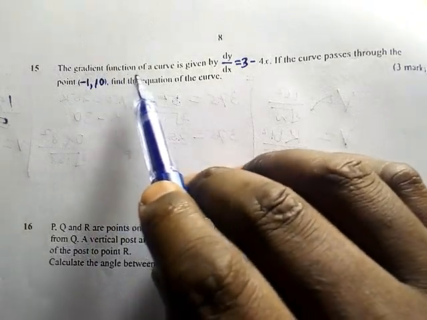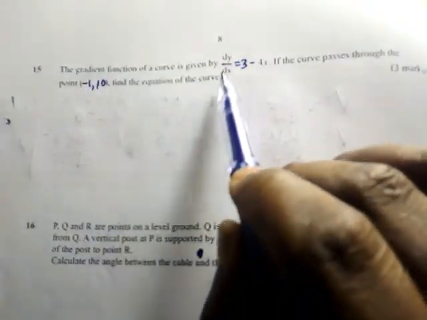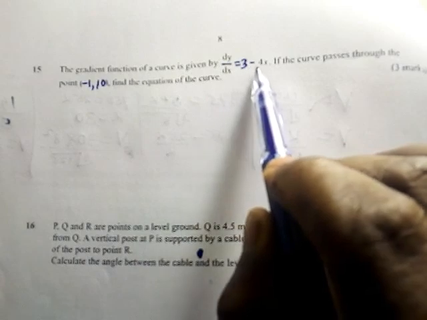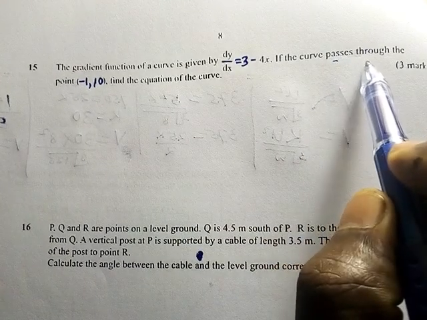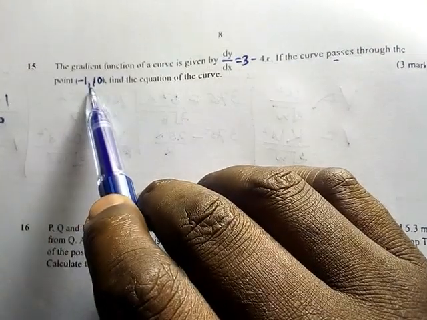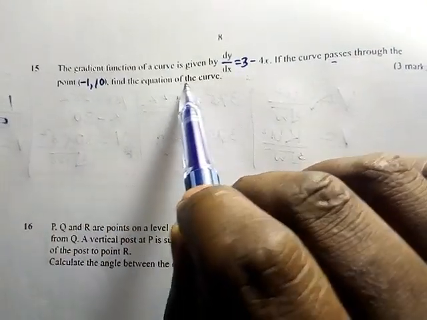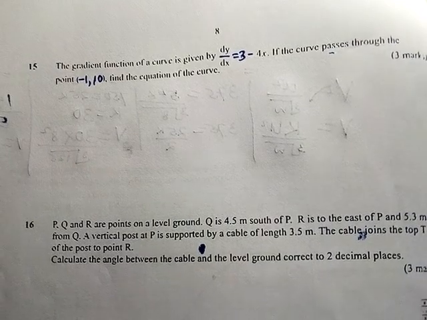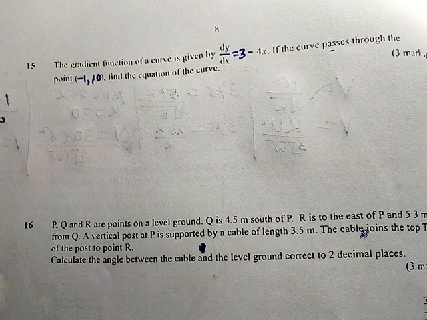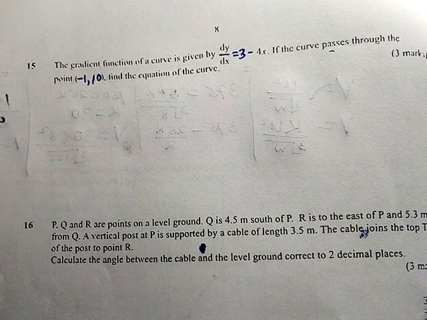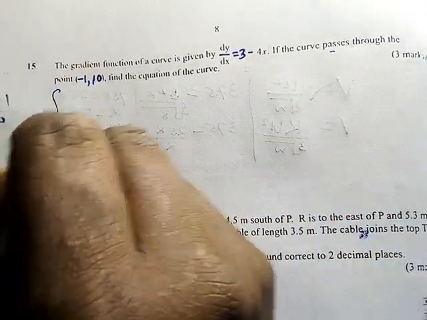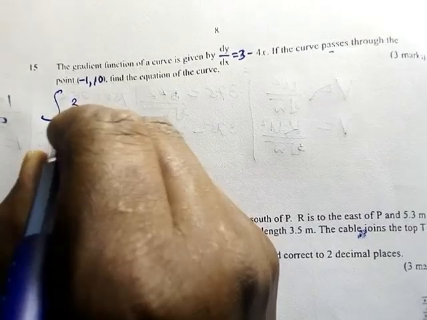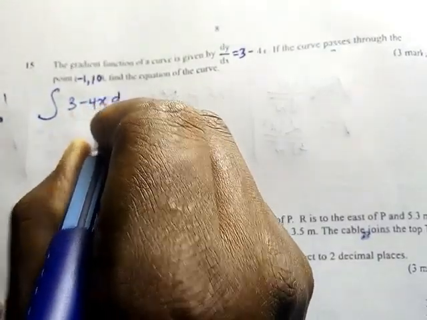The gradient function of a curve is given by dy over dx equal to 3 minus 4x. If the curve passes through the point -1, 10, find the equation of the curve. We have been given the gradient function, so to get the equation we need to integrate this function. We integrate 3 minus 4x dx.